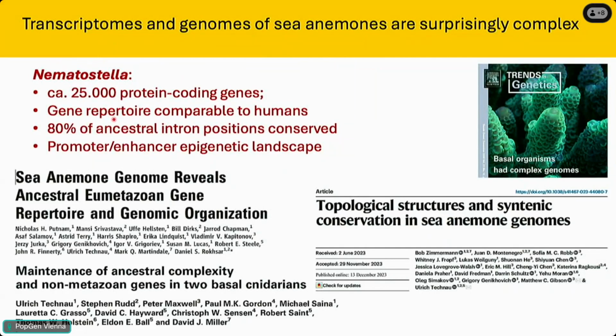So, at least qualitatively speaking, just like other bilaterians. And I don't have the data here with me, but if we compare how many promoters and enhancers we have, the ratio is very similar to Drosophila.